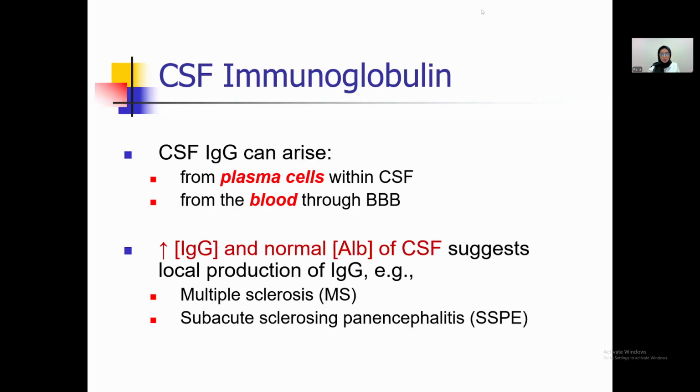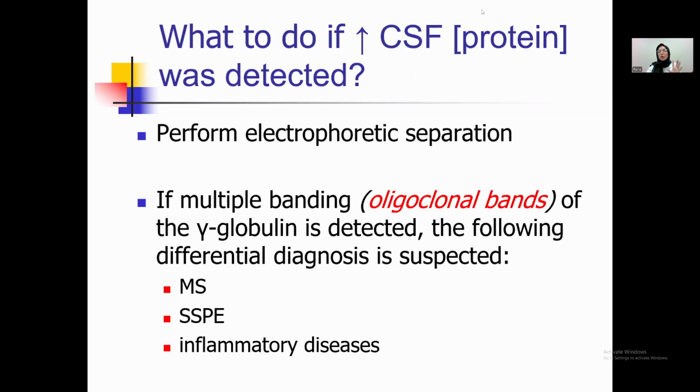How do we study it in the lab? I don't want you to know all the details, I just want to mention it quickly. After measurement in the ordinary machines, we do something further, called electrophoresis, to know the type of separation.